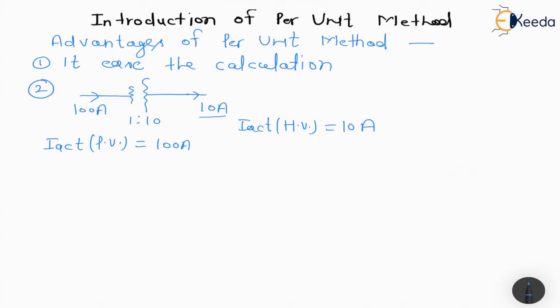If we are going to solve a question based on fault analysis or the per unit method, then this will create a problem, because if we draw the circuit, at one point it is 100 ampere and at another point it is 10 ampere, and we can see clearly that there is no branch going outside or inside through the transformer.